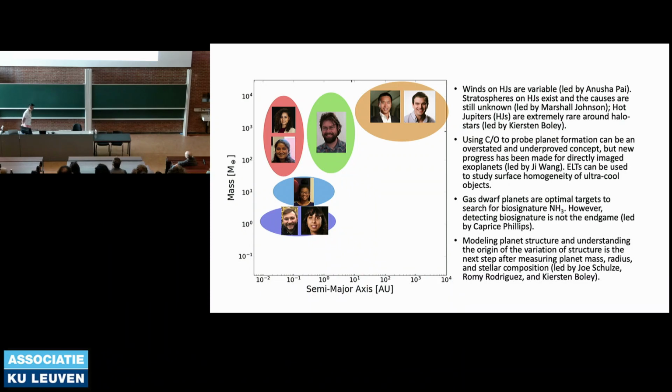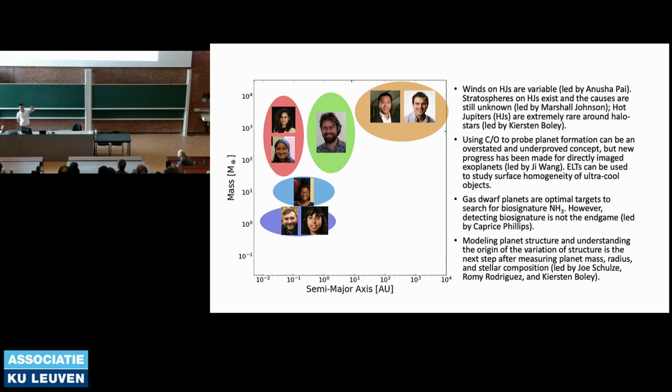So here again, I show you the mass versus semi-major axis plot, and I also put my students' headshots, including mine too, on different parameter space. As you can see, the research actually spans all populations of exoplanets.